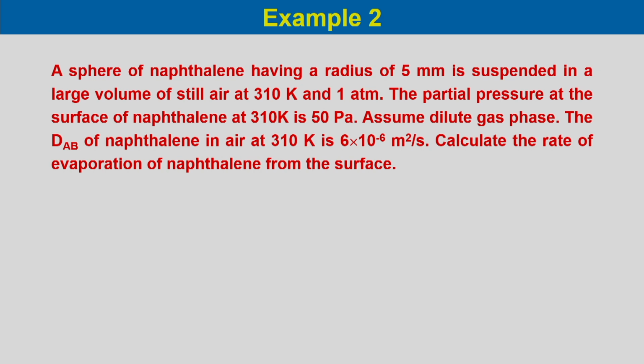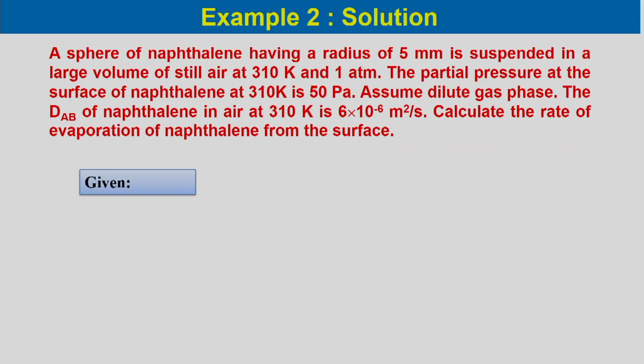Assume a dilute gas phase. The diffusion coefficient DAB of naphthalene in air at 310 Kelvin is given as 6 into 10 to the power minus 6 meter square per second. We need to calculate the rate of evaporation of naphthalene from the surface.